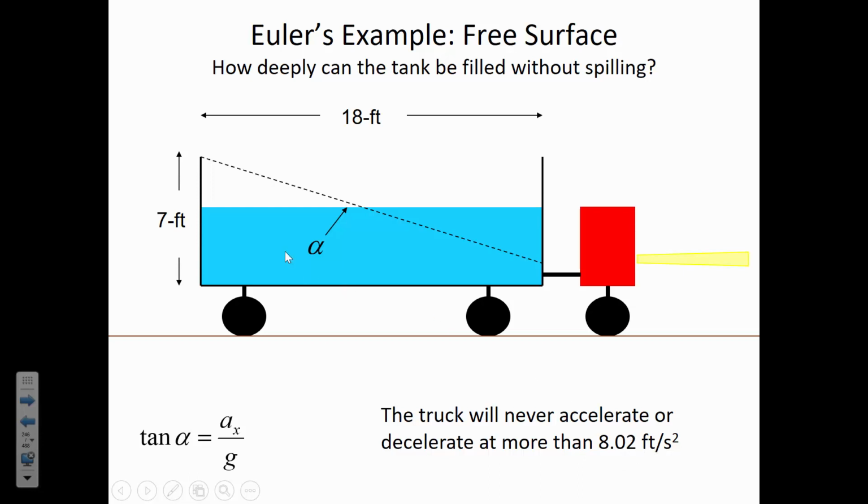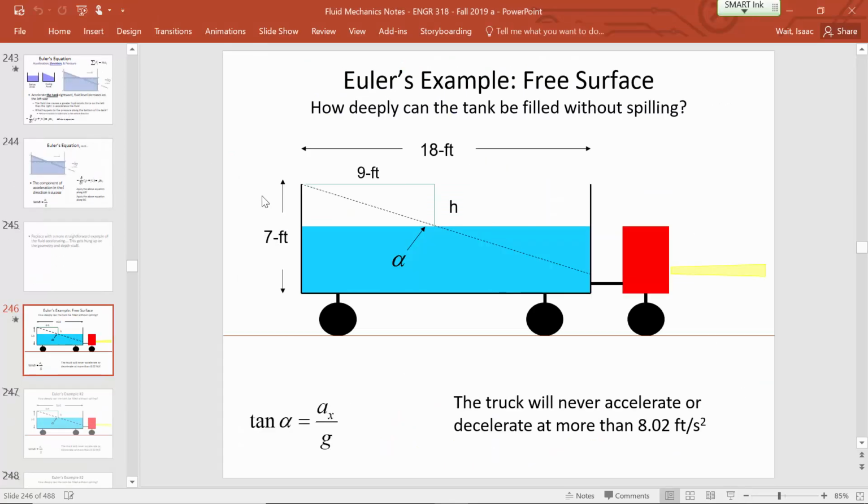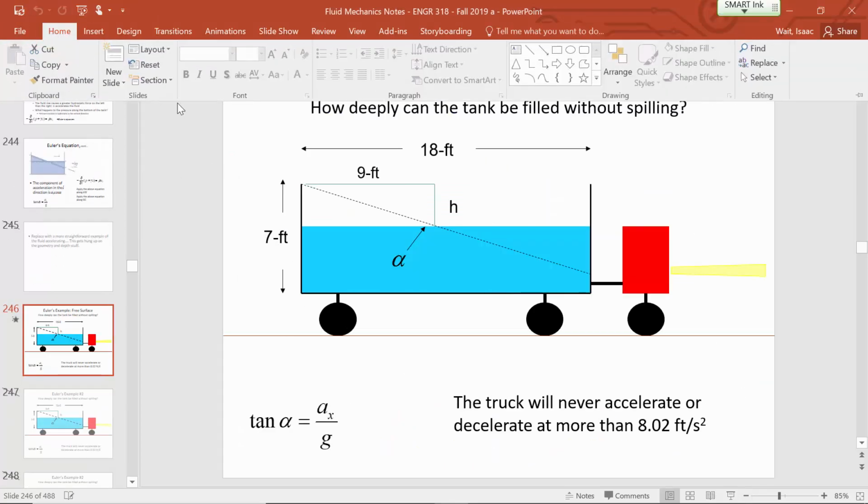So find out the unknown depth. Essentially, keep in mind this hint, that if it's 18 feet in total length, then the length of this triangle is going to be 9 feet. So that makes this some unknown height parameter. And what we're trying to find is the depth.